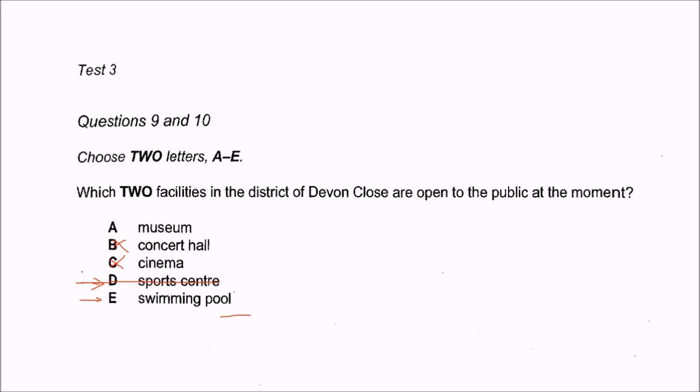Of the facilities in the district, some are closed and some open to the public. Only the open places, as you have heard very closely, are the concert hall and the swimming pool. The sports centre, as you might have heard, is not open, though it is there. Some work is going on, so it will be the concert hall and swimming pool. That will be B and E.